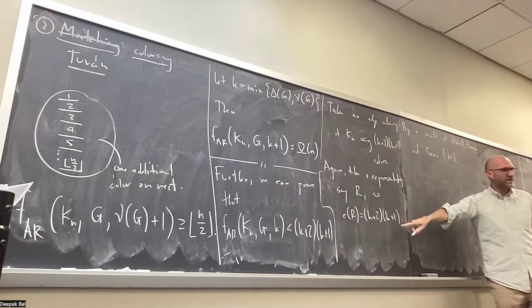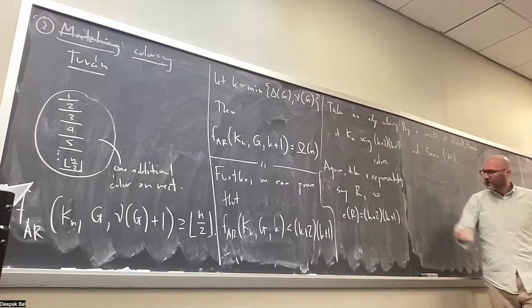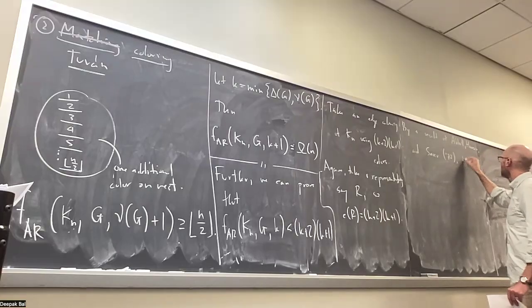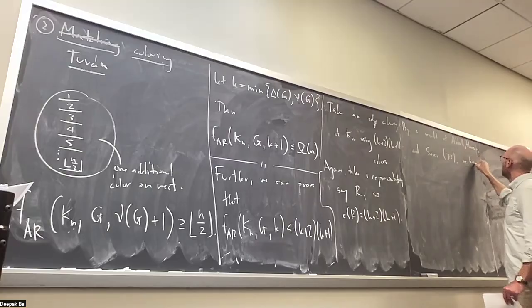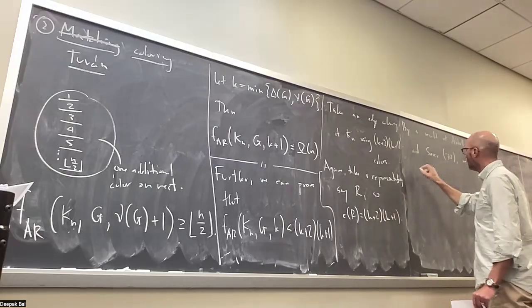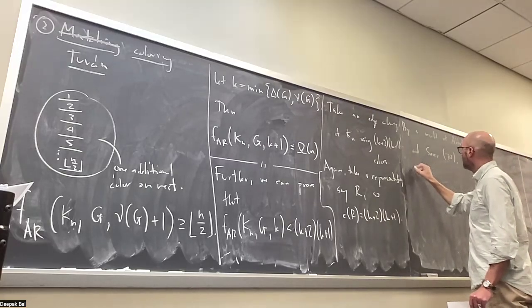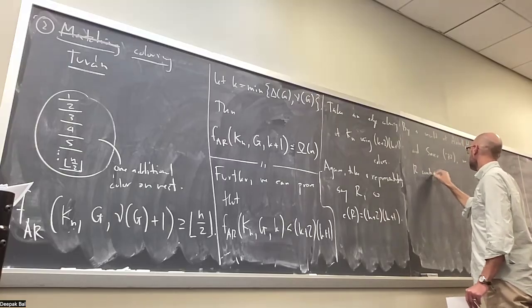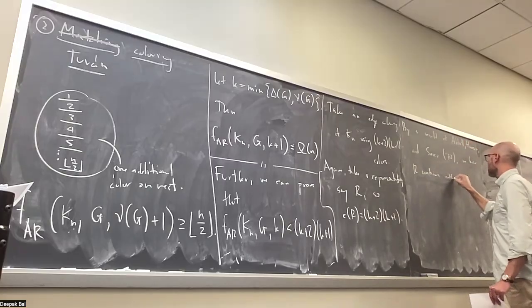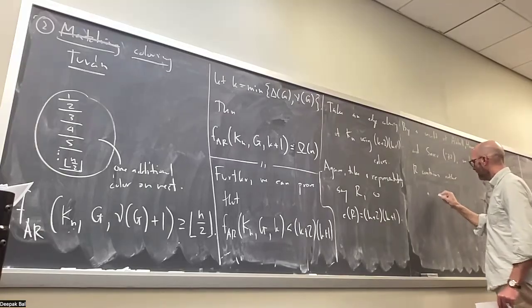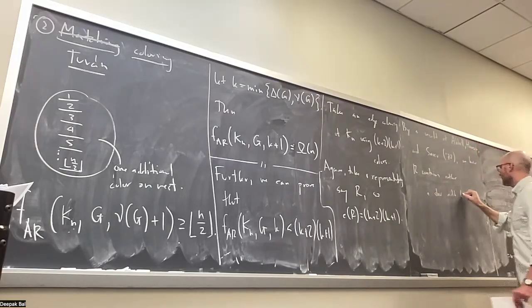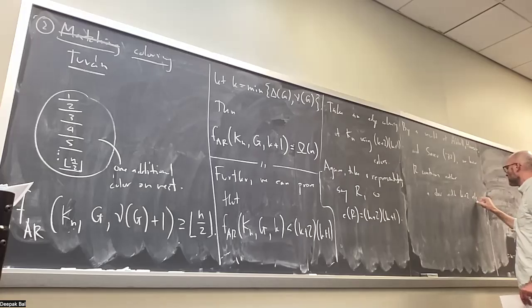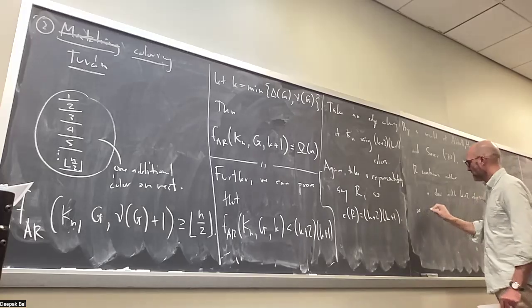If your graph has at least this many edges, we know that R contains either a star with just two edges or a matching.